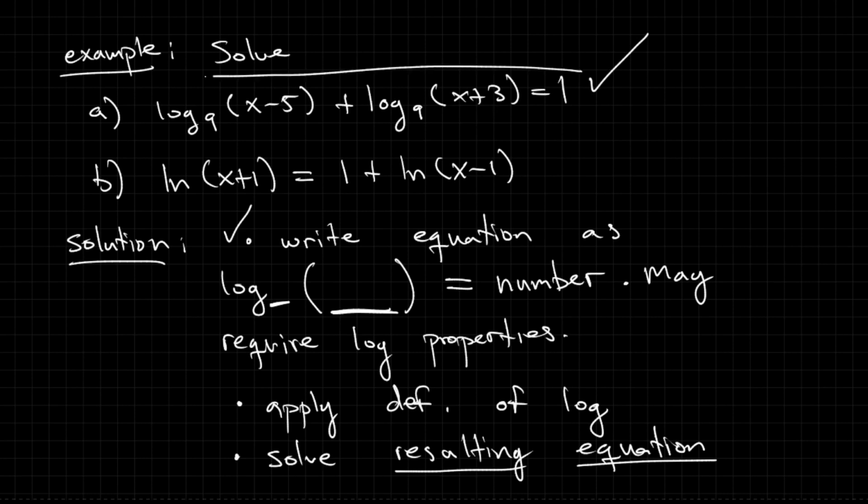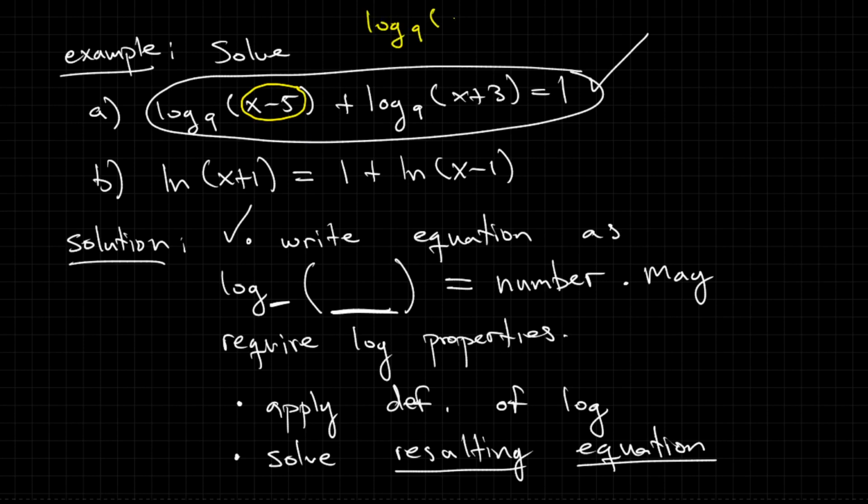When you put the x value back into your equation, you get something that's true. However, what happens here is if I put -4 in for x, well, this x minus 5 term would become -9. And log of -9 is not defined. So it can't be a solution.